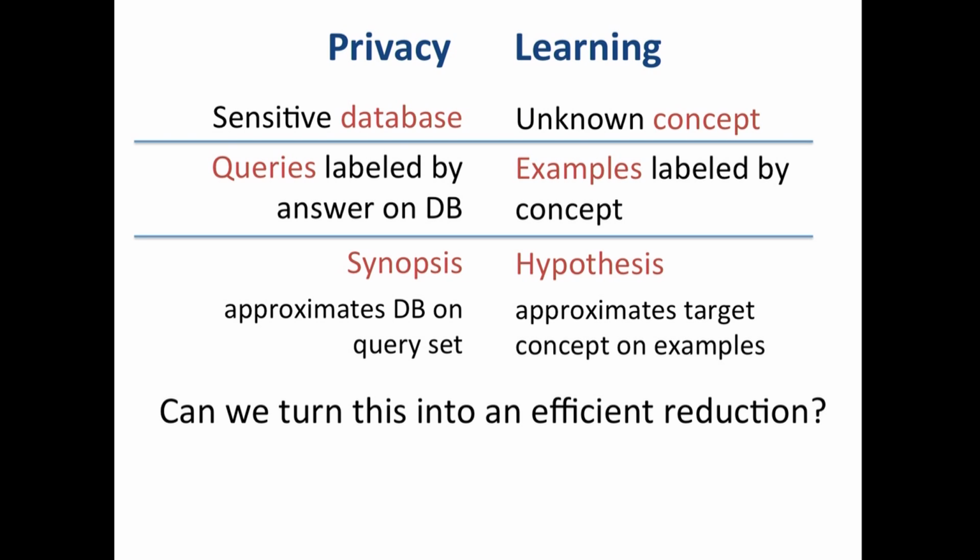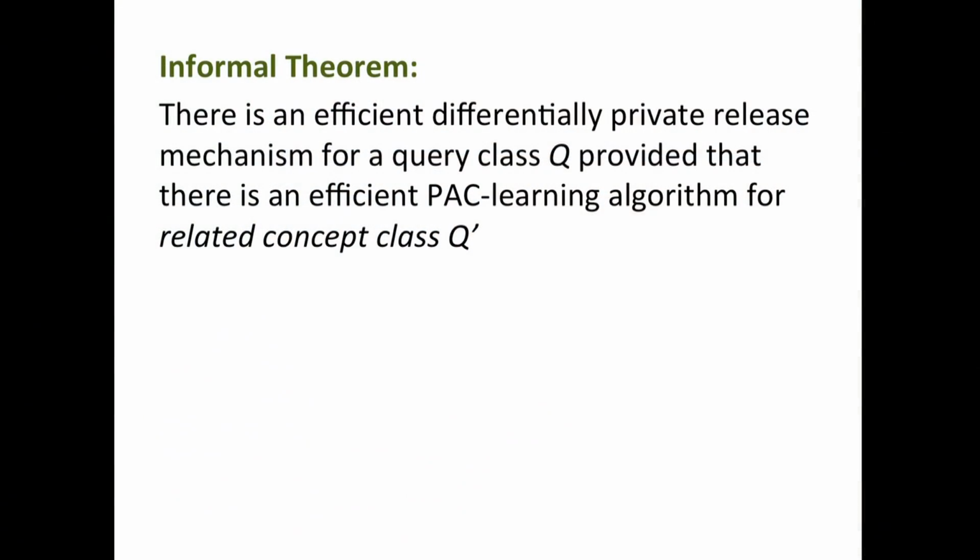And there is some partial answer to this question which suggests that this might be possible, and that's joint work with Guy Rothblum and Rocco Servedio relatively recently, where we were able to give one such reduction, which leads to more efficient private algorithms. More specifically, the informal theorem I want to tell you about is that there always is an efficient differentially private release mechanism for a query class Q, provided that there is a certain learning algorithm for a related concept class Q prime. Okay? I didn't define it, but PAC learning is the standard learning model.